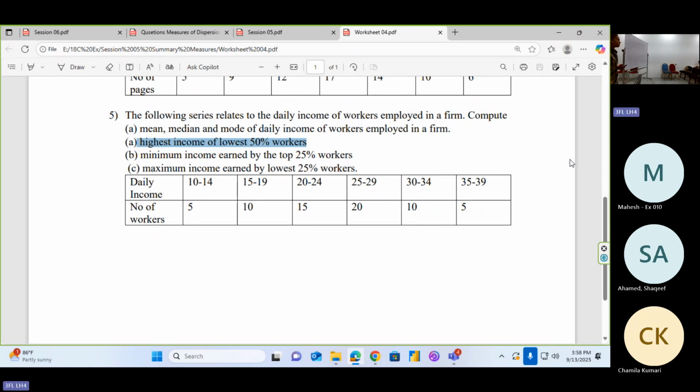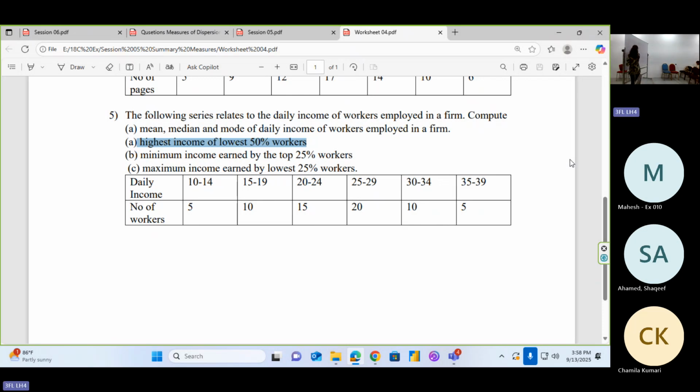What is the answer? .75. Then simplify it, then we got 48.75. Now we can find out the relevant class interval.